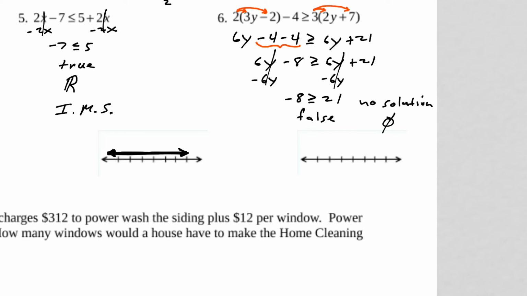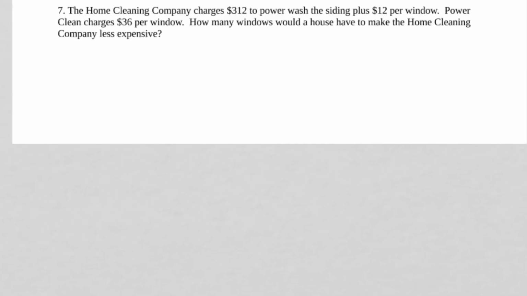Now we just got to get a story problem done here, and we'll be all set with section 3-5. Let's read number 7. It says that the home cleaning company charges you $312 up front plus $12 per window. And when you see that word per, or $12 for each window, you know that means multiply.